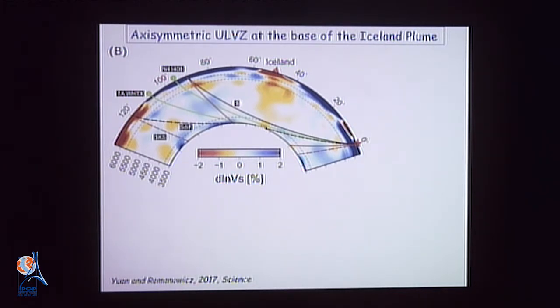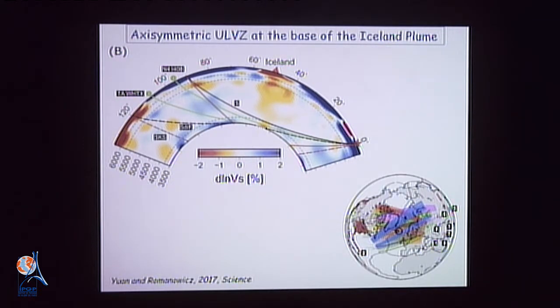The special thing about this study is that we were able to find many crossing paths, so earthquakes that illuminated this feature from the southwest to the northeast, and earthquakes that illuminated it in different ways from the southeast to the northwest. Whereas in these previous studies, there was only one corridor, so you could find a model that fits the data, but you couldn't really determine the shape.